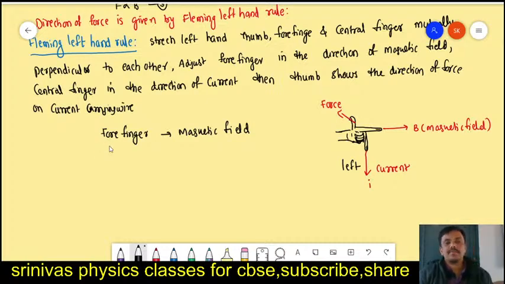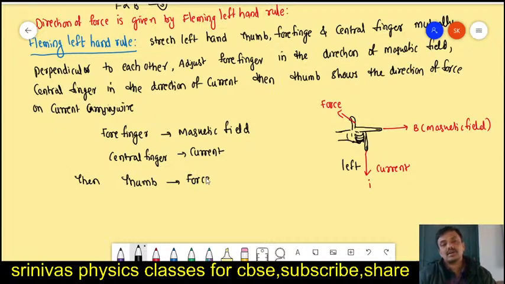Forefinger in the direction of the magnetic field, and central finger in the direction of the current. Then our thumb shows the direction of the force. What is the use of the Fleming left hand rule?